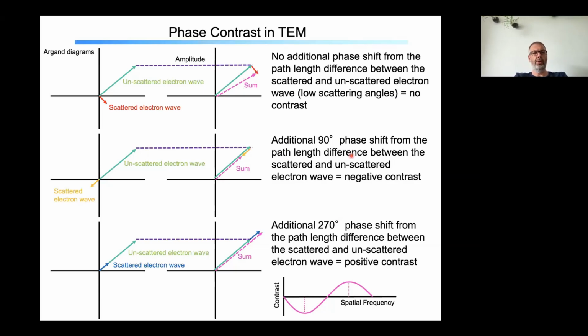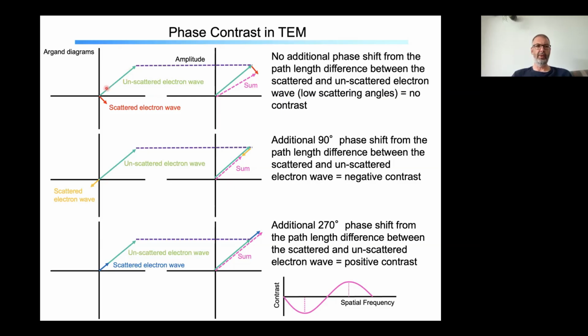The way I found works best for me to try and understand this effect is using these Argand diagrams again. What you can see here is we have our unscattered wave, and then we have our scattered wave, but this is at low scattering angles.